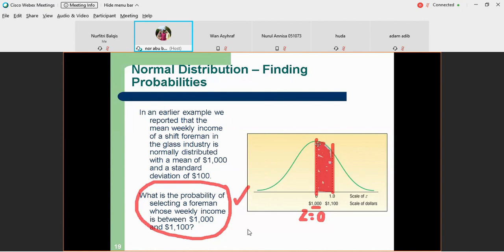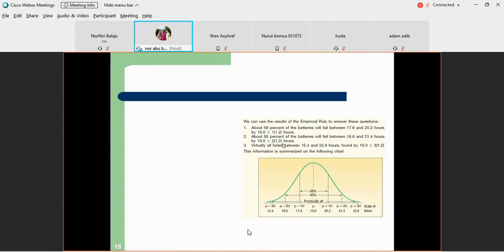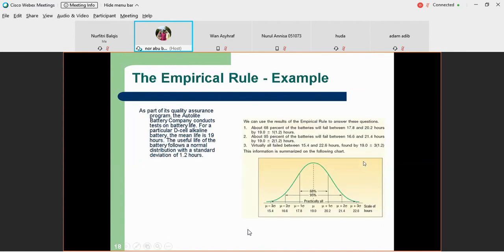And to find this shaded area, you need to know Z for the value 1100. That's why we calculated earlier: for X of 1100, Z is 1.